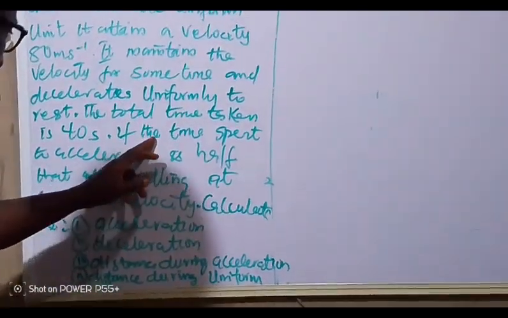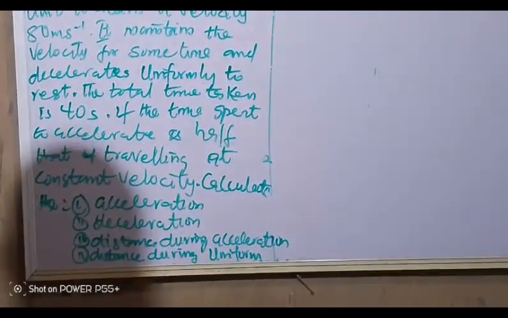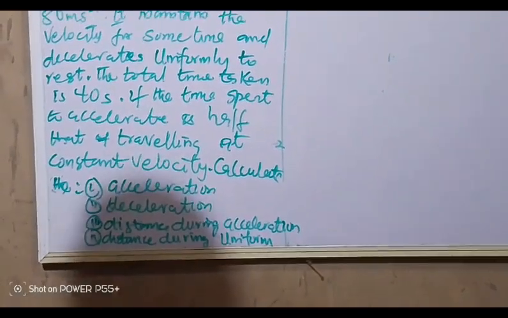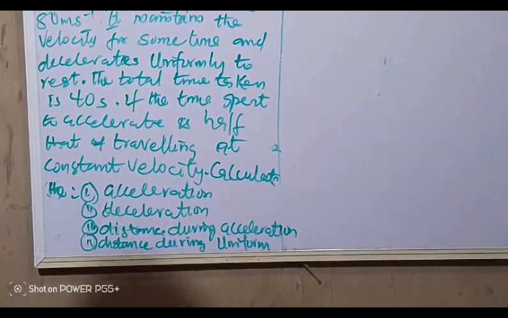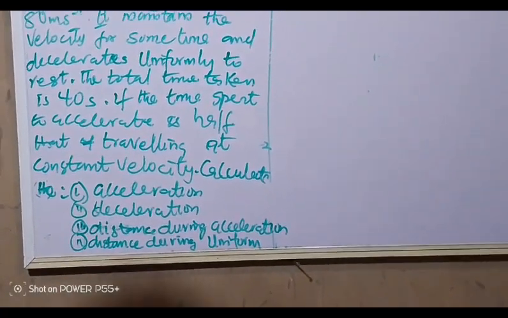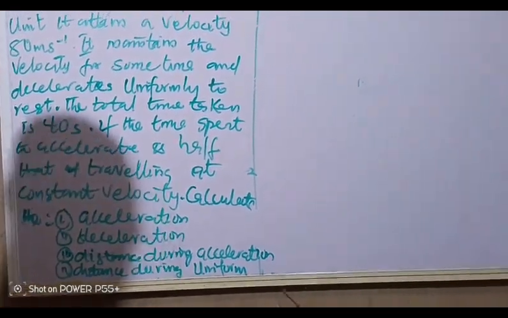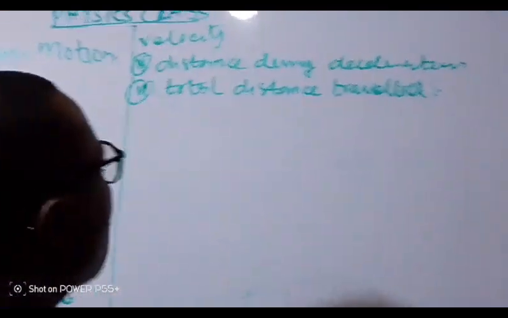If the time spent to accelerate is half that of traveling at constant velocity, calculate: 1. Acceleration, 2. Deceleration, 3. Distance during acceleration, 4. Distance during uniform velocity, 5. Distance during deceleration, and 6. Total distance traveled.